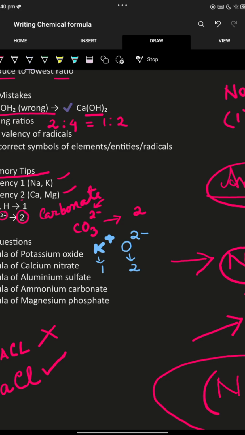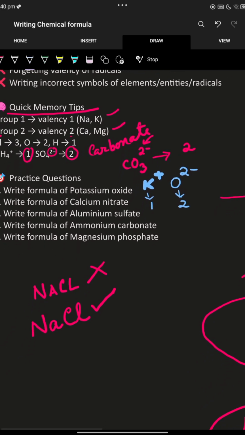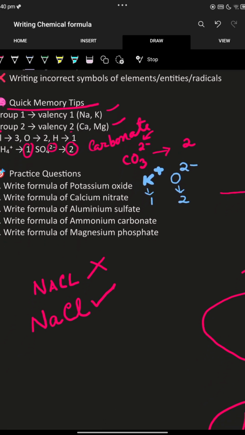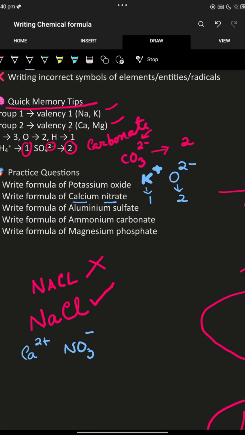So I think you can frame the formula. Calcium nitrate, calcium is Ca2 plus, nitrate is NO3 minus. So valency of calcium 2, of nitrate 1. So I think you can write the formula.